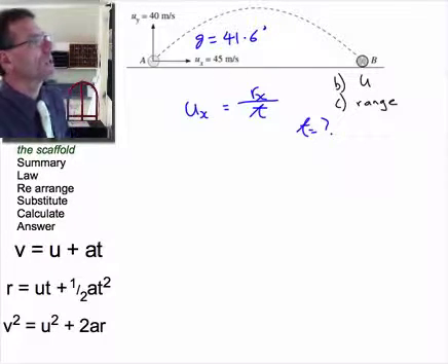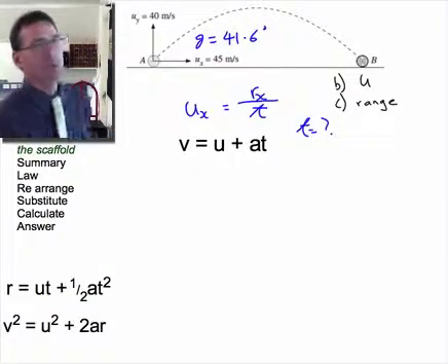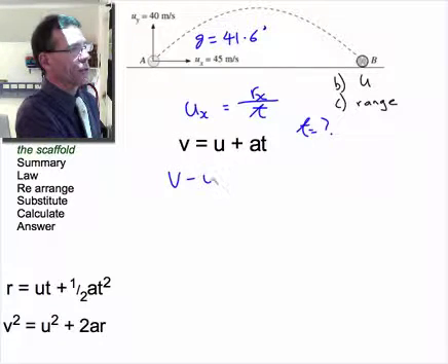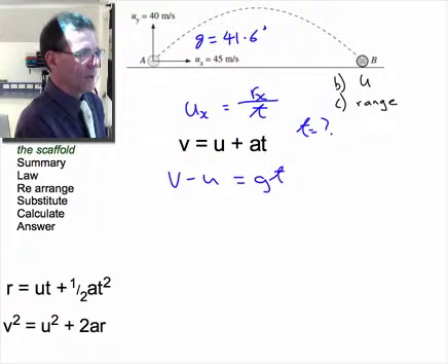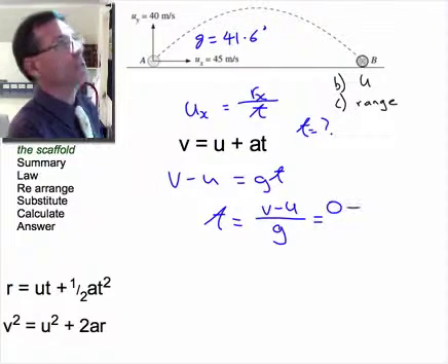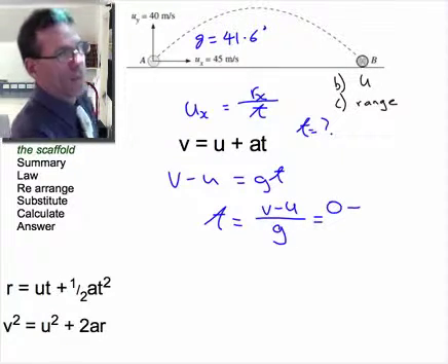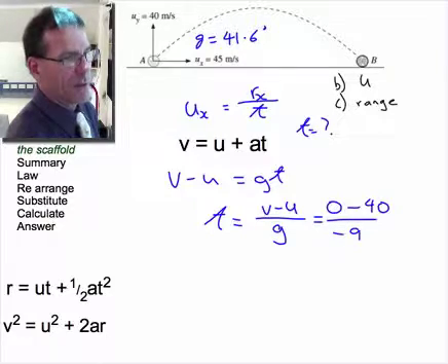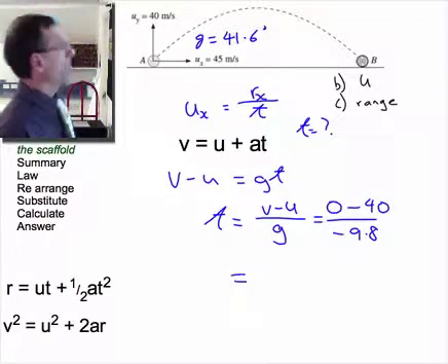For this one, we're going to do it a simple way, again using this equation here, v minus u equals gt. We've done this a few times now. So t equals 0 minus 40 divided by negative 9.8. Let's see what that is.